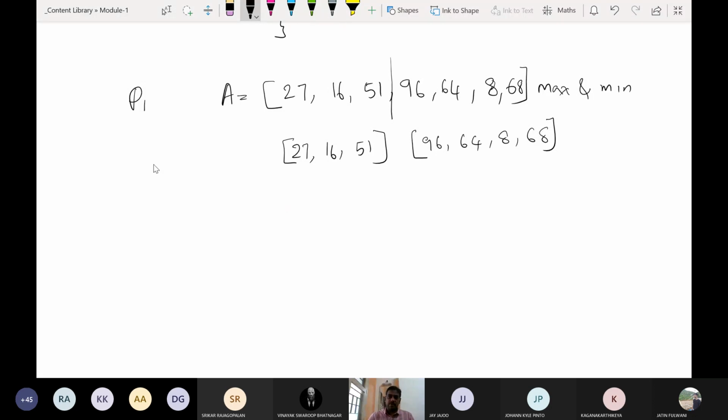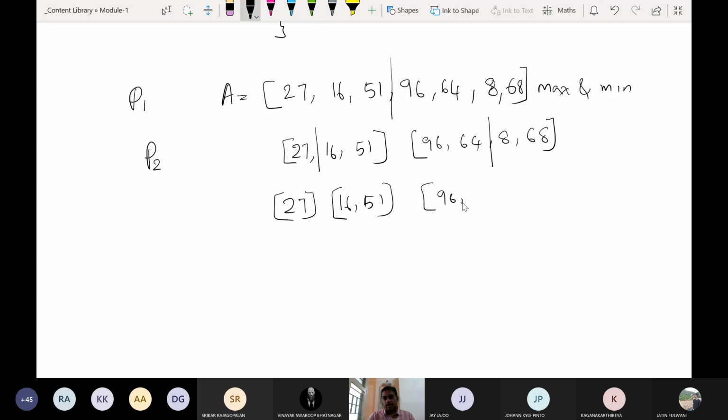So this is another problem. The first problem is divided into P2. So this is the subproblem. In P2 we have two subproblems, this is one subproblem and this is another subproblem. Now you divide 27 here and 16 and 51 here. And in this other part, you can divide like this.